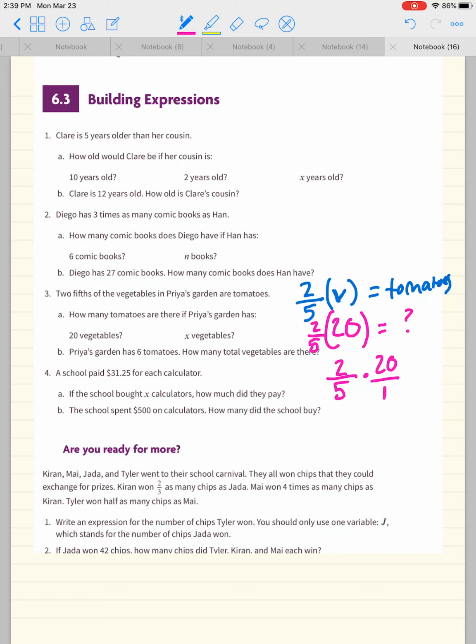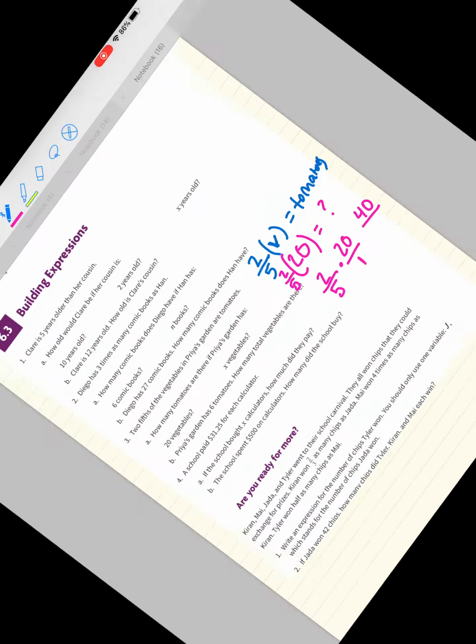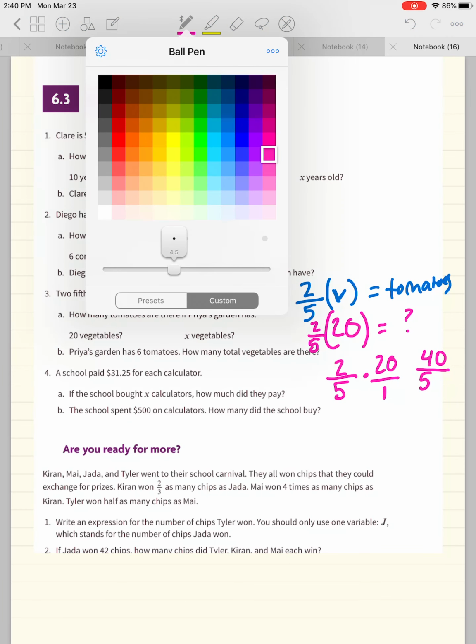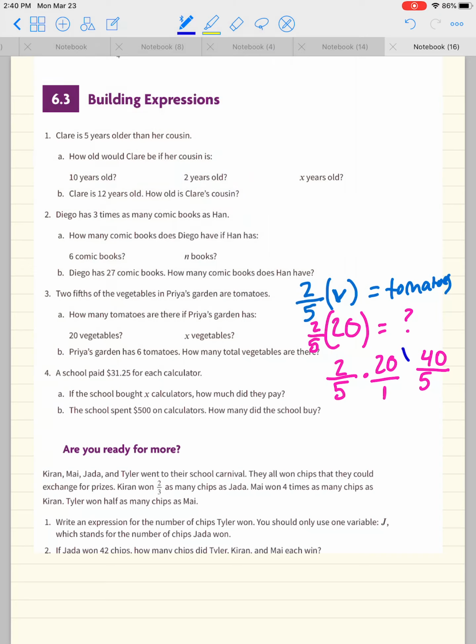What I'm going to do is I'm going to make 20 over 1. First thing we need to do is 2 times 20, which is going to give us 40. And then 5 times 1 is going to give us 5. Now remember, we learned in a previous lesson that the bar right here means divide by. So 40 divided by 5 is equal to 8. 8 tomatoes.